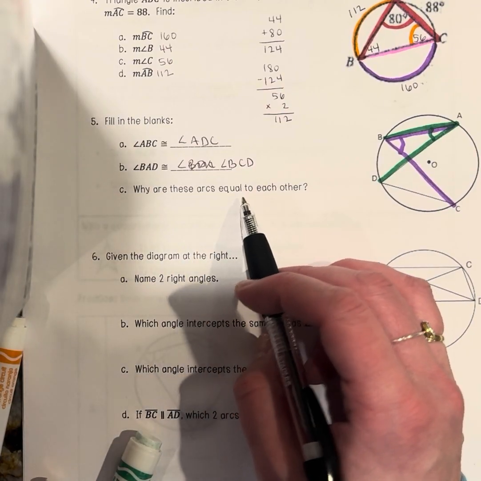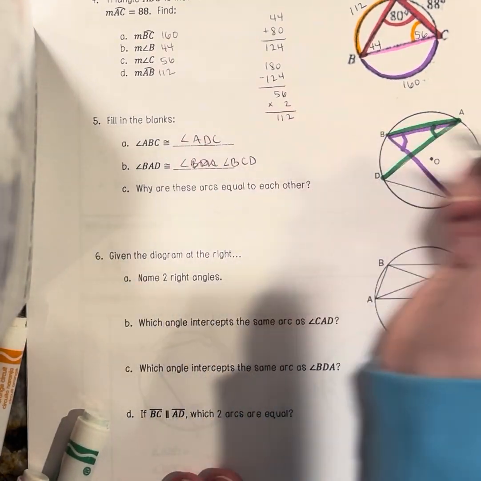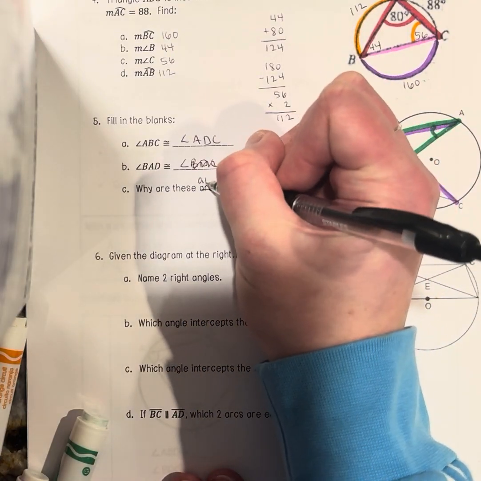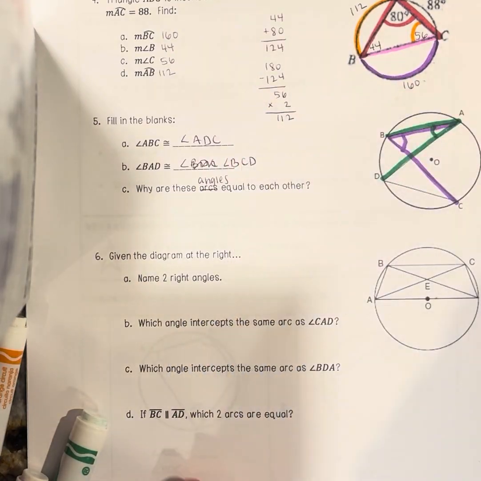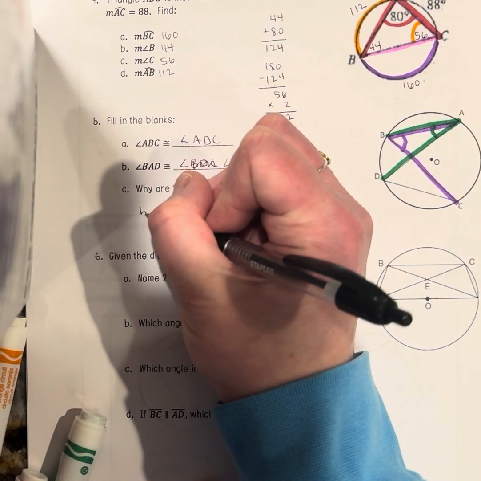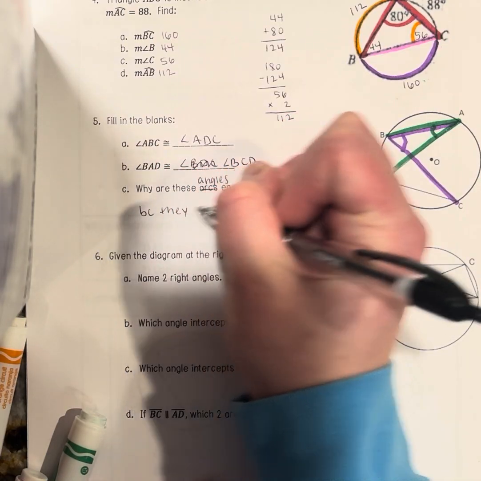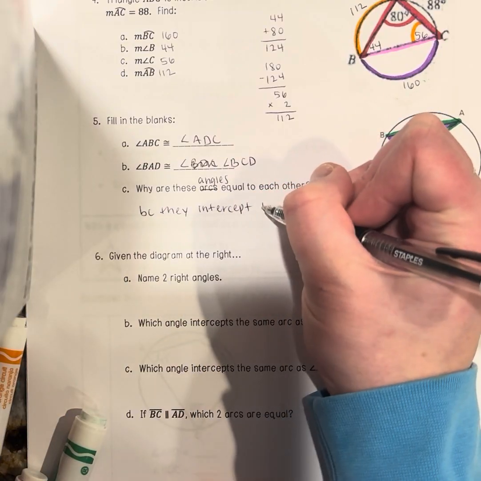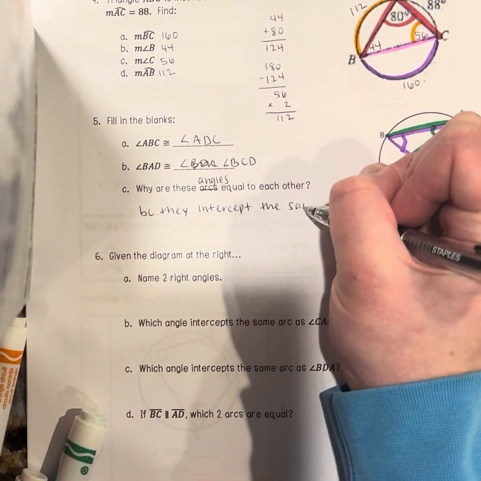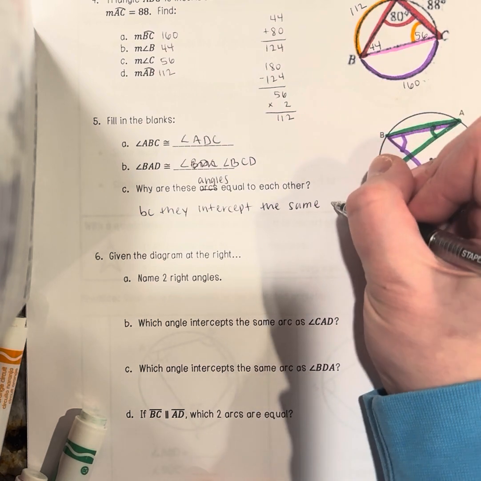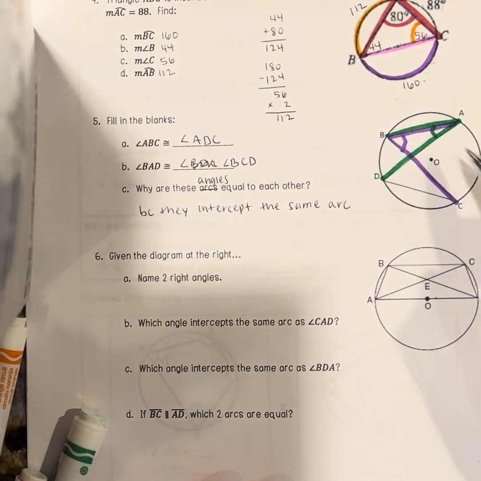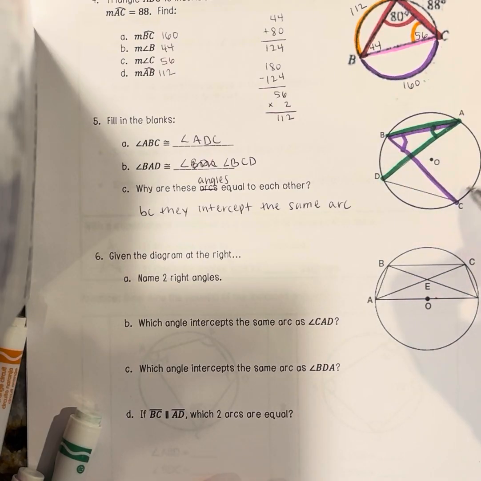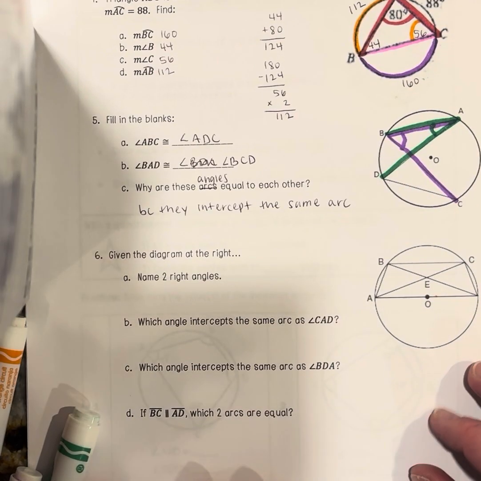Why are these angles equal to each other? Because they intercept the same arc. So the green ones both intercepted BD and the purple one intercepted AC.